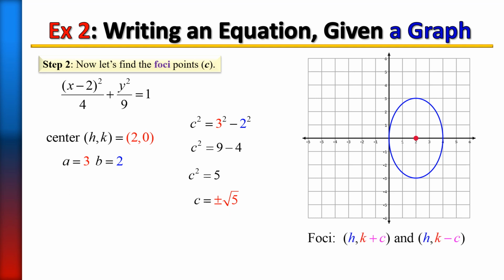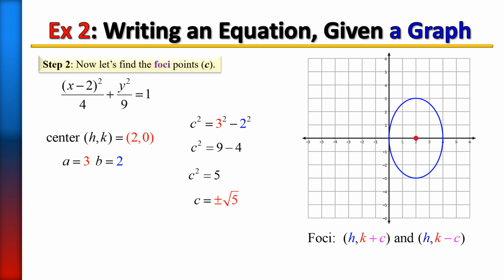So once we put all that together with our foci, because our center was not at the origin, it was at 2, 0, that means we're going to add that c value, that plus or minus square root of 5, to our y value.